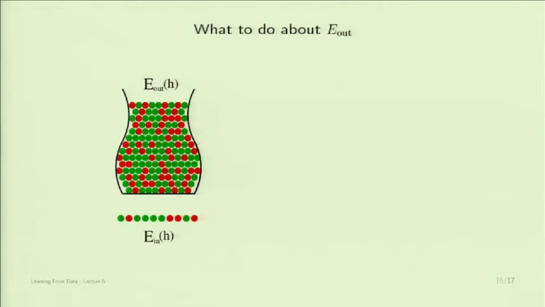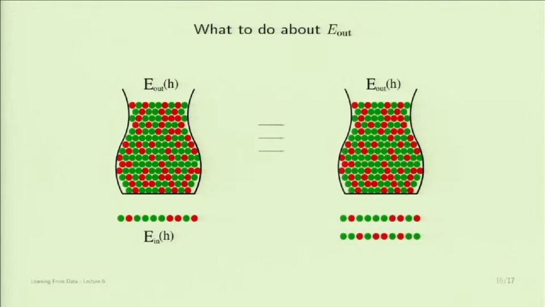The way I'm going to do it is this. Instead of picking one sample, I'm going to pick two samples independently. Obviously they are not identical samples, some of them green and red, etc., but they are coming from the same distribution. Now let's see what is going on. E out and E in track each other because E in is generated from this distribution.